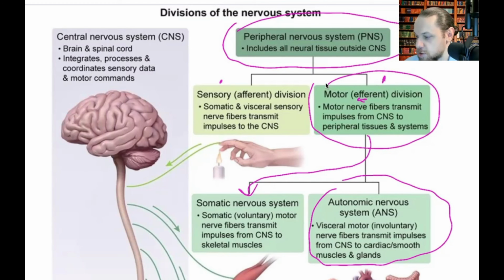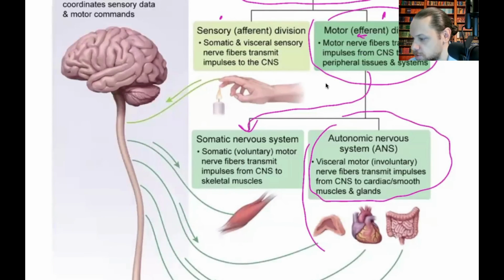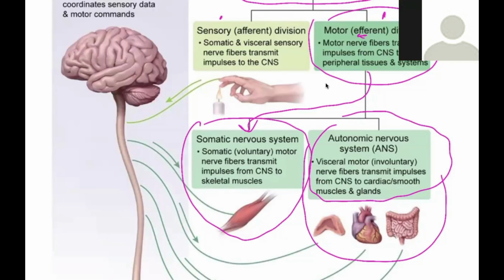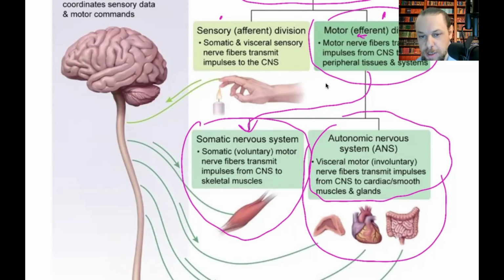And this controls your heart, your blood vessels, and your GI peristalsis. But today, and I want it to be very clear, we're going to talk about the somatic system, which is under voluntary control. And the primary neurotransmitter responsible for that is acetylcholine. And we're going to talk about how it's produced in the body, how it's made, and how we employ it.